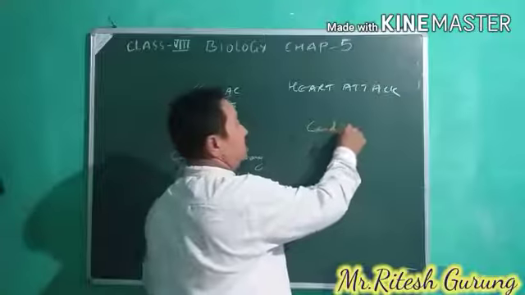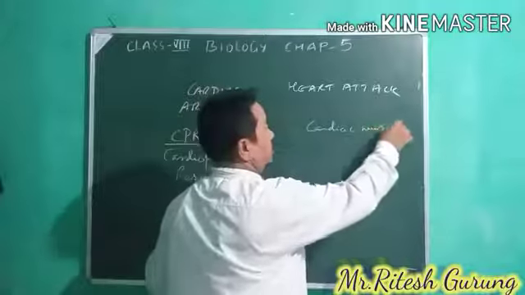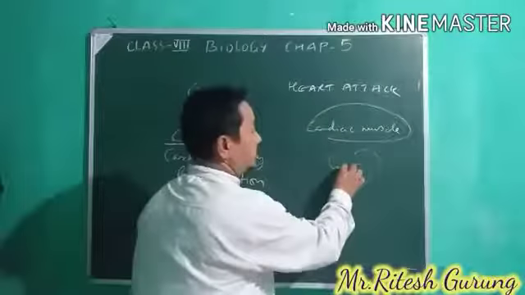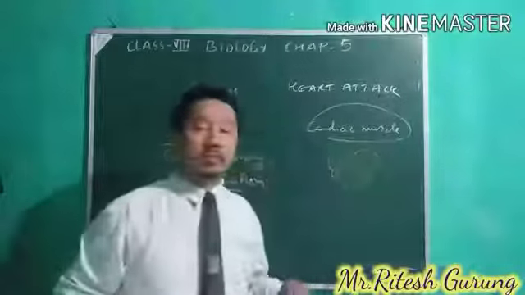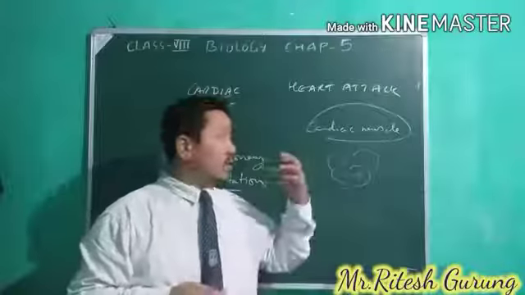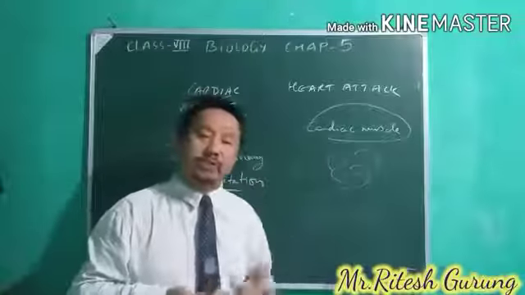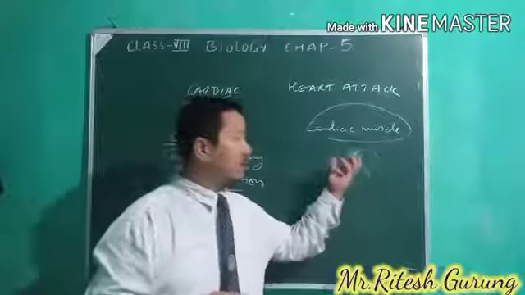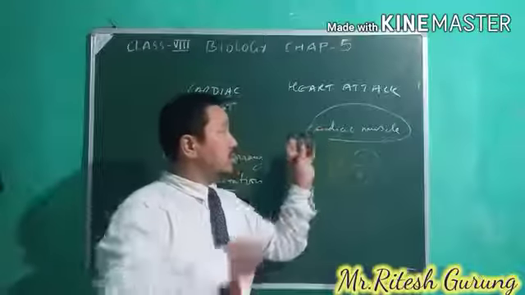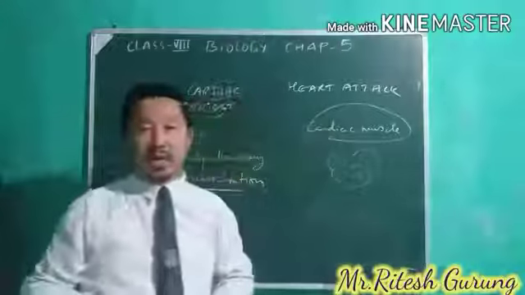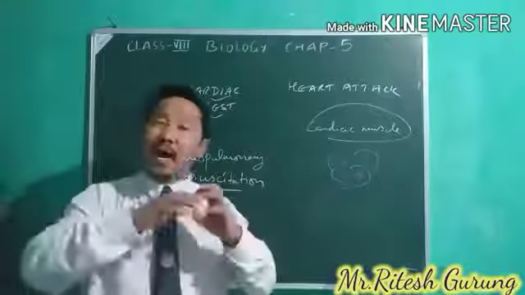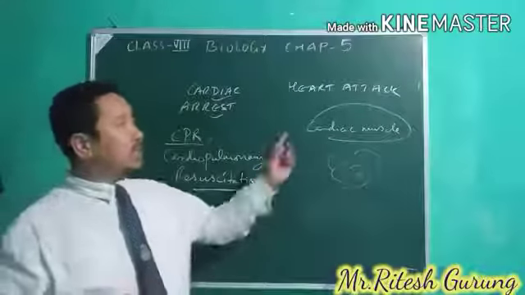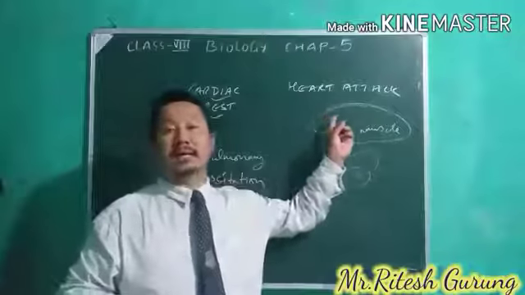So the heart is also made up of cells, and they also need a supply of oxygenated blood. If the cells constituting the cardiac muscles are not getting oxygenated blood, then a heart attack can take place.